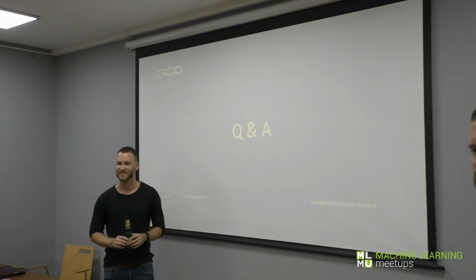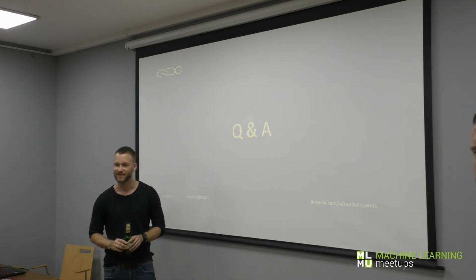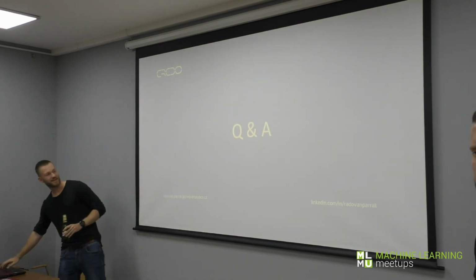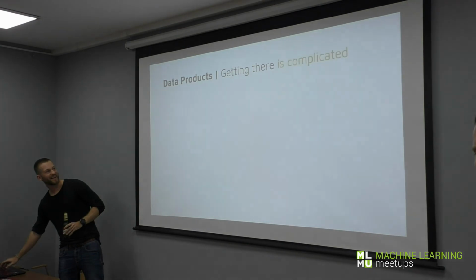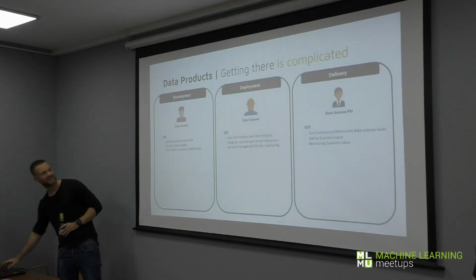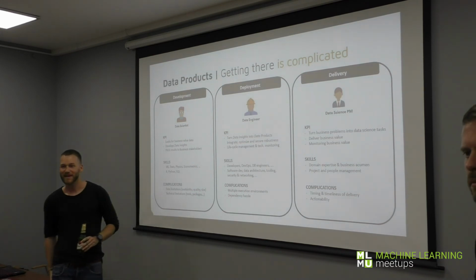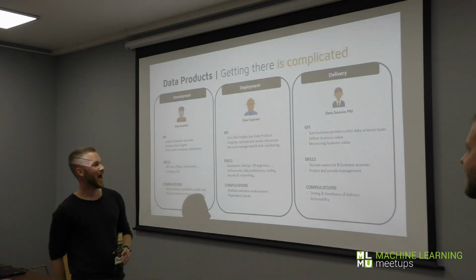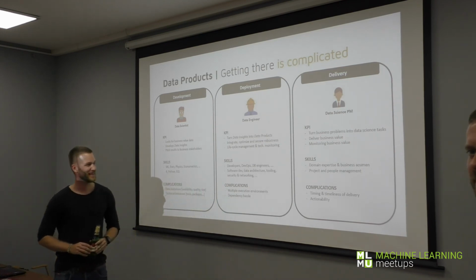I have a question. If you go back to the slide where you showed the data scientist, machine learning engineer, and the machine learning PM, what would you think the pay scale of these 3 should be compared? Pay scale? Yeah. I don't think I'm the good person to tell anything about this.